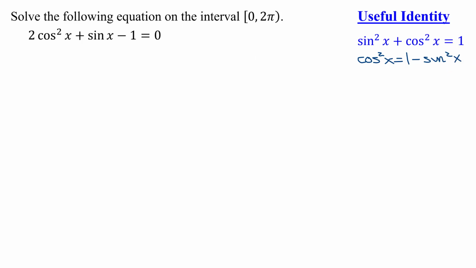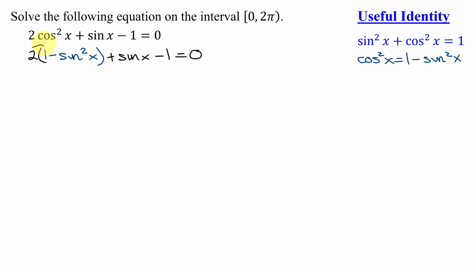So now I'm going to rewrite my equation. I'm going to have 2, and instead of cosine squared x, I'm going to write 1 minus sine squared x plus sine x minus 1 equals 0. Now, all I have is one trig function, the sine of x, in my equation.